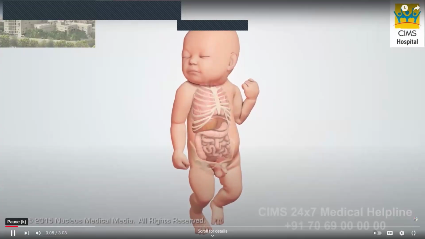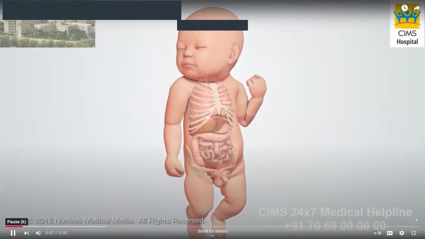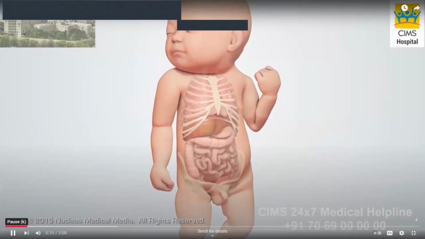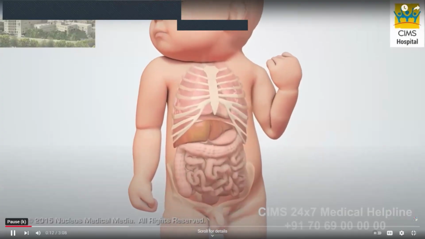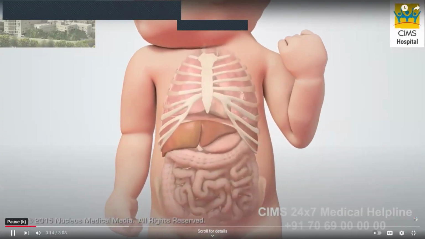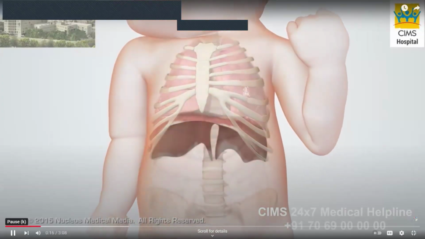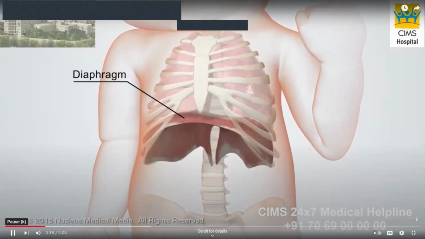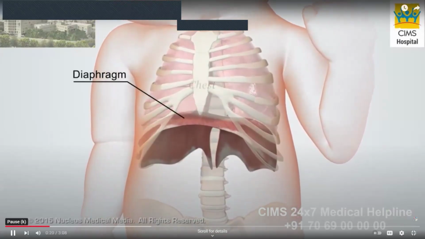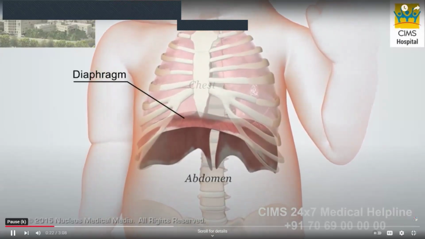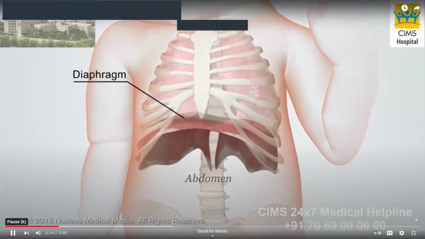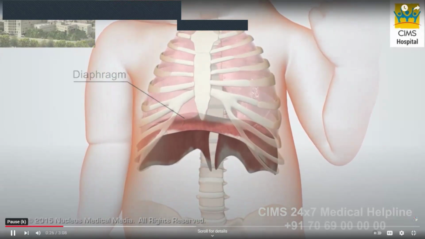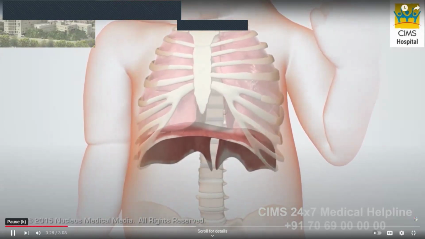A congenital diaphragmatic hernia is a birth defect in which an abnormal opening in a baby's diaphragm allows abdominal organs to move into the chest. The diaphragm is a large, dome-shaped sheet of muscle that separates the chest from the abdomen. When the baby breathes in, the diaphragm and outer rib muscles contract, expanding the chest cavity.